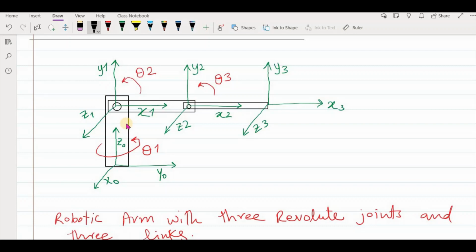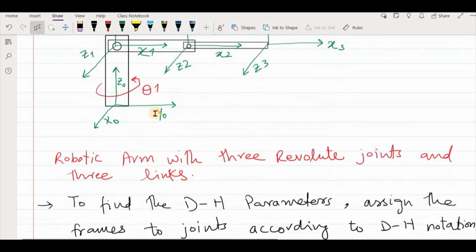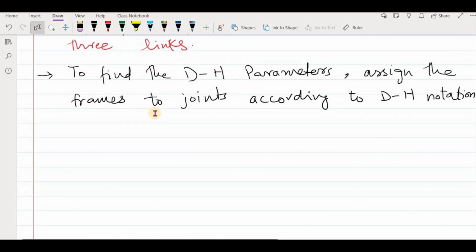Otherwise, it depends upon what is being asked. So here we assigned this frame, and it looks almost similar to the previous frame, but only it's some distance apart from it. So now we have assigned the frames. Now let's start finding the DH parameters.